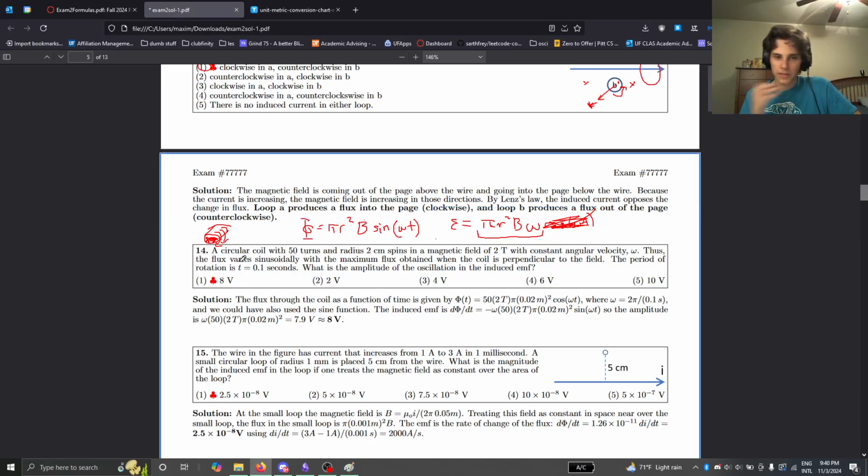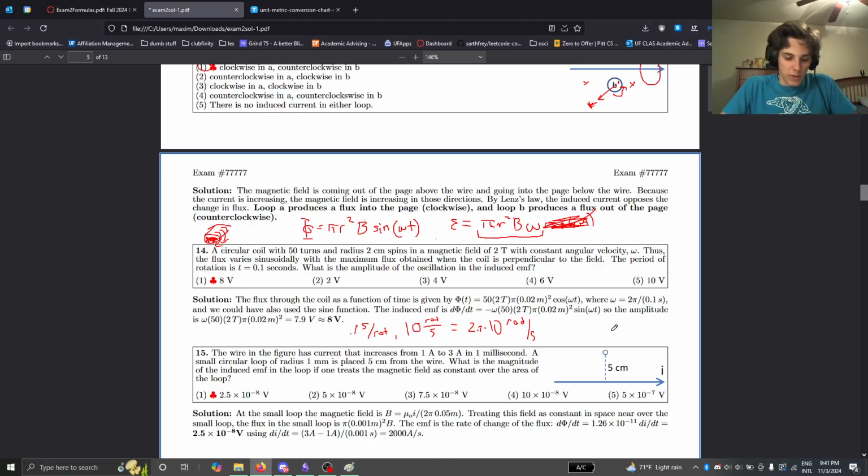If we invert that, we get 10 rotations a second, but omega is always in radians a second. And a full rotation, think of a circle, is 2 pi radians. So it's 2 pi times 10 radians a second.